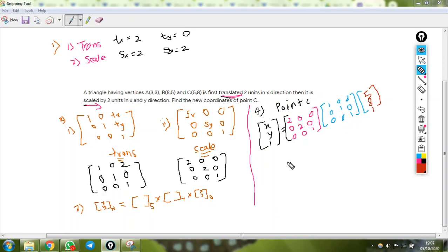Okay, don't get confused. We'll first multiply these two and then go to the third one. So this is 5 8 1. Just remember that point.